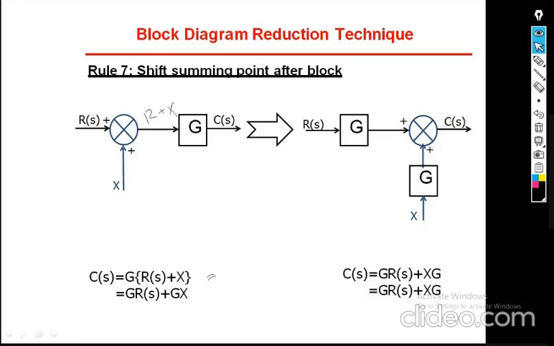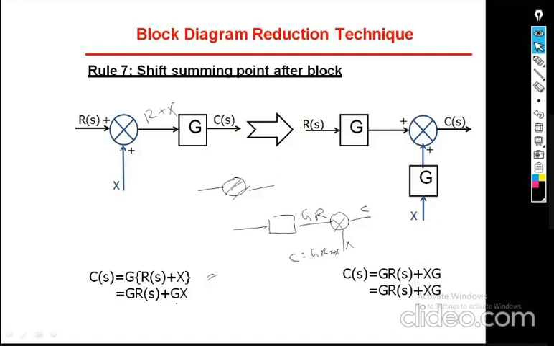Now if you move this summing point after this particular block, like this, here this is X, and here you will get G into R, and here you will get C. This time you will get only G R plus X after moving.